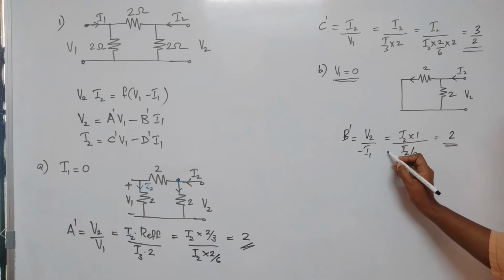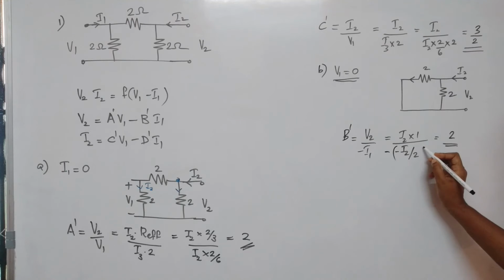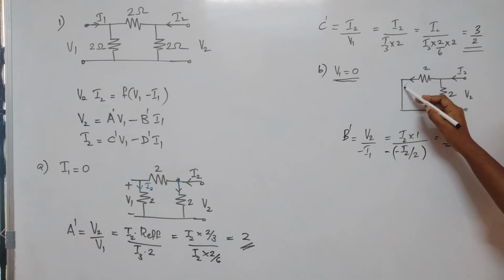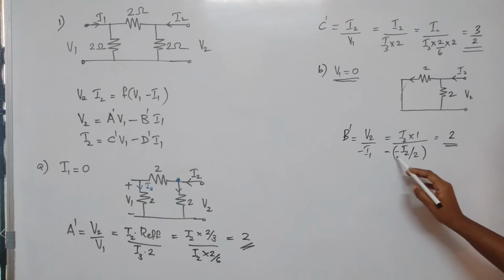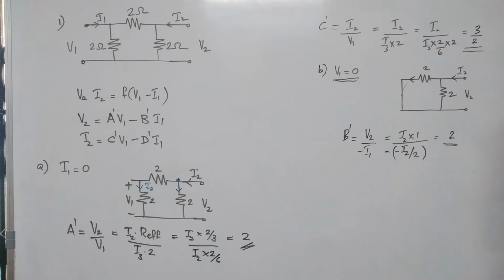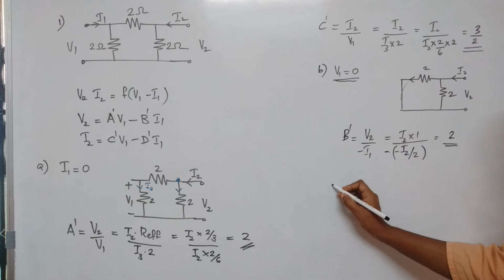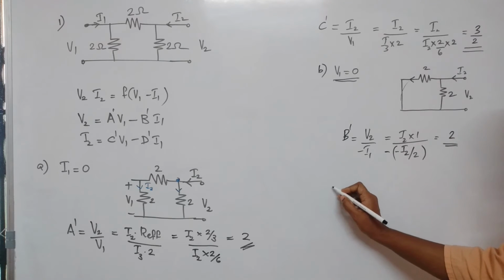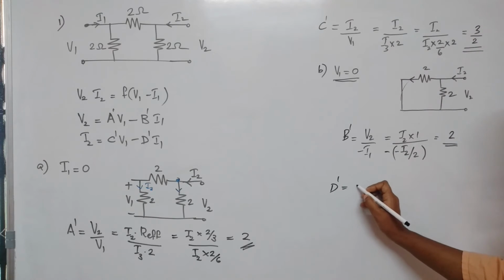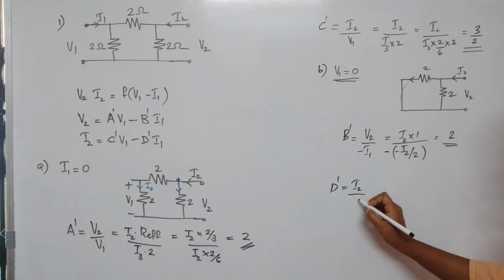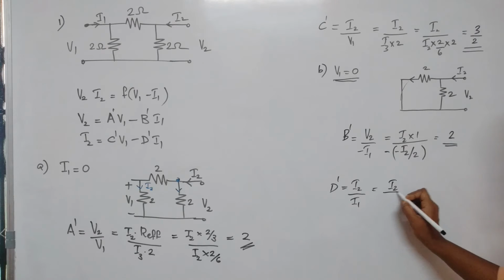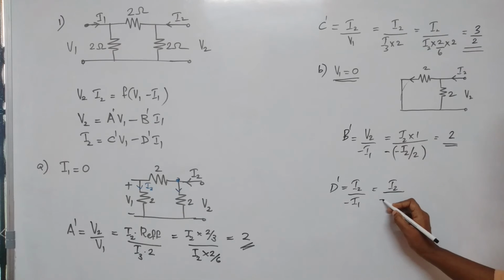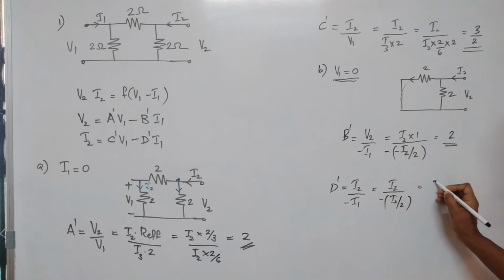If you want, you can write it as minus of minus this. That is, the actual current is outward, but we are taking it as inward. So these two minus signs will get cancelled and we will get 2. Similarly, D dash is equal to I2 by minus I1, minus I2 by I2 by 2, which is again 2.